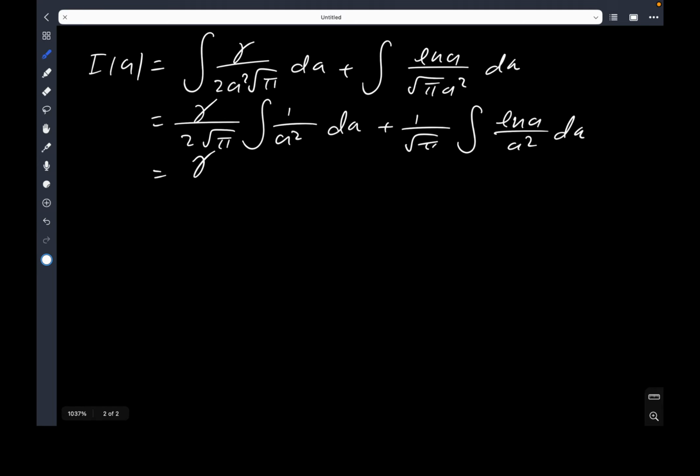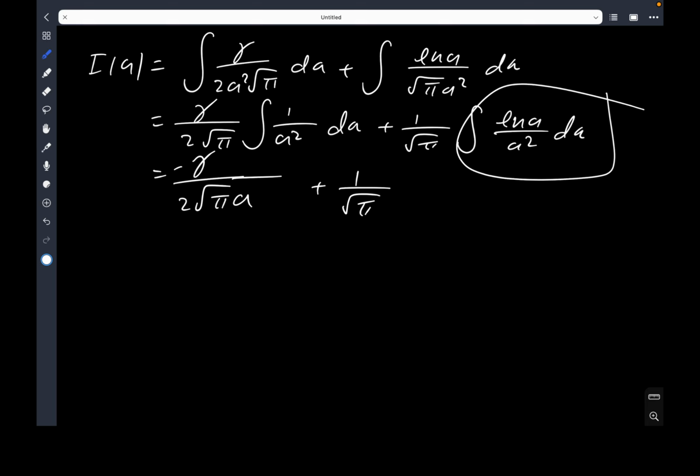And according to the power rule, this is going to be negative gamma over 2 root pi a plus 1 over root pi.